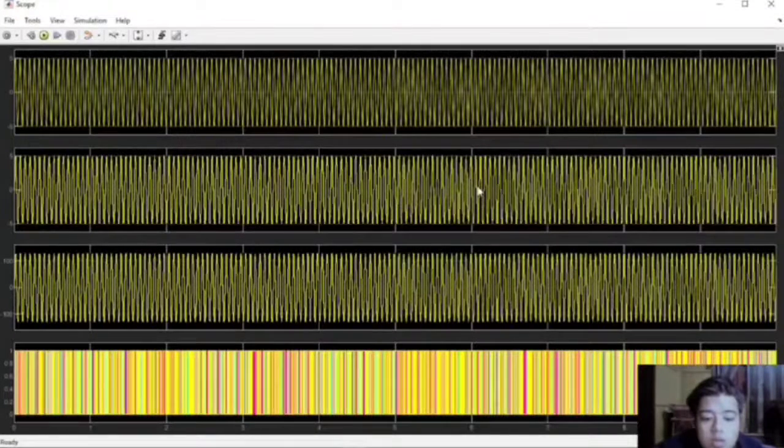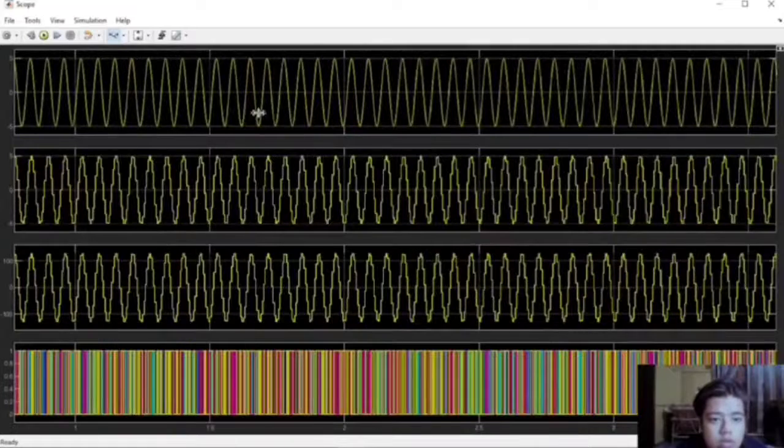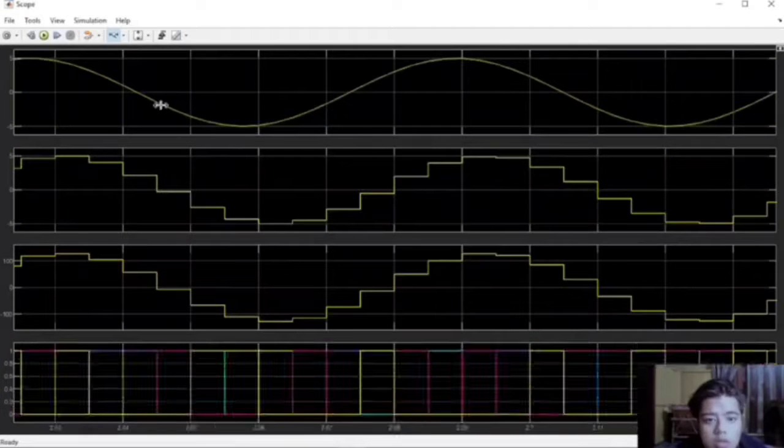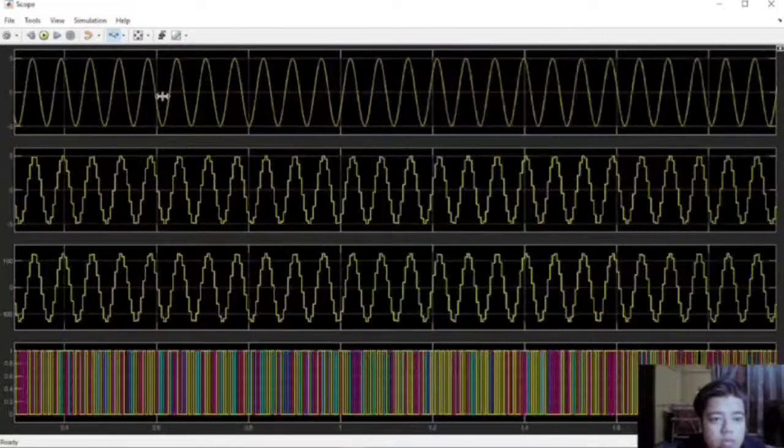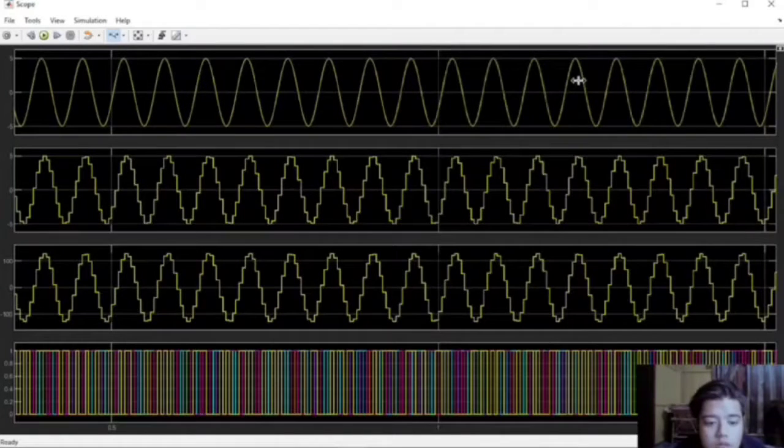This is the waveform that we obtained from the scope for the 8-bit simulation. The circuit parameters are similar to those used in the 4-bit simulation circuit.